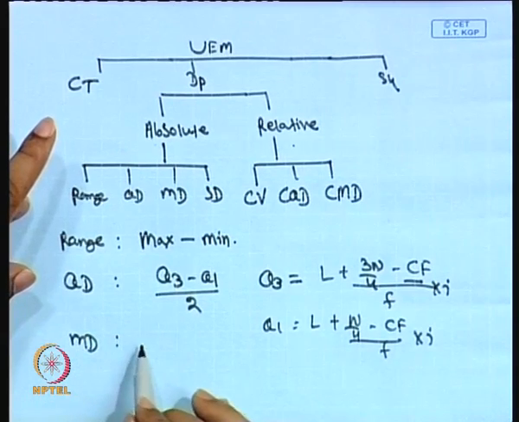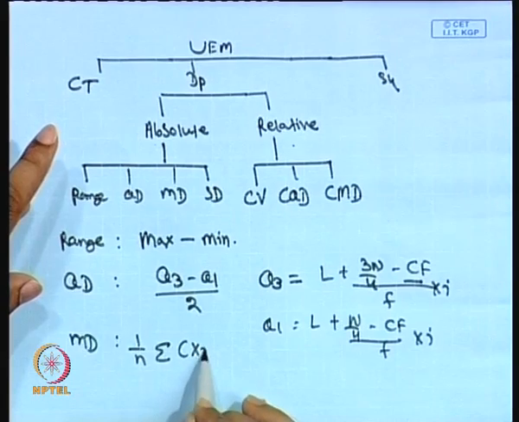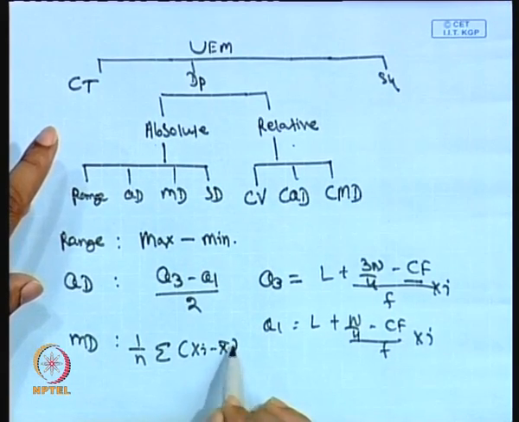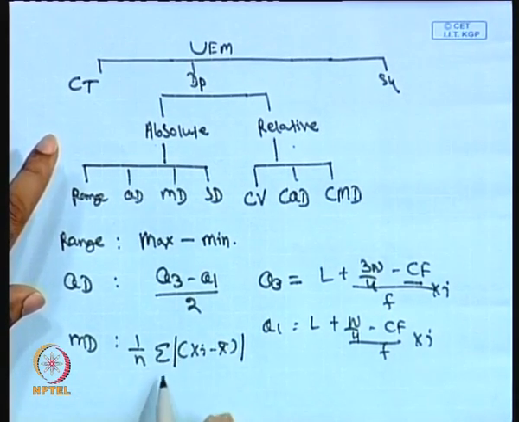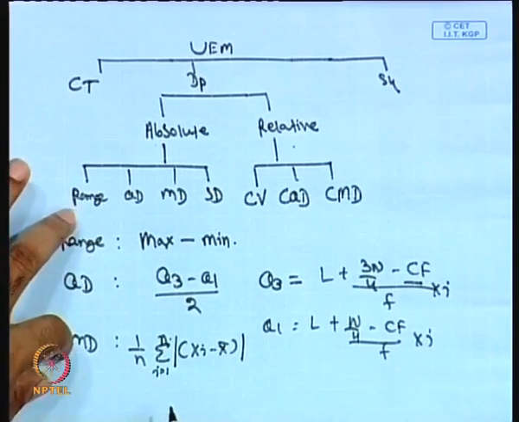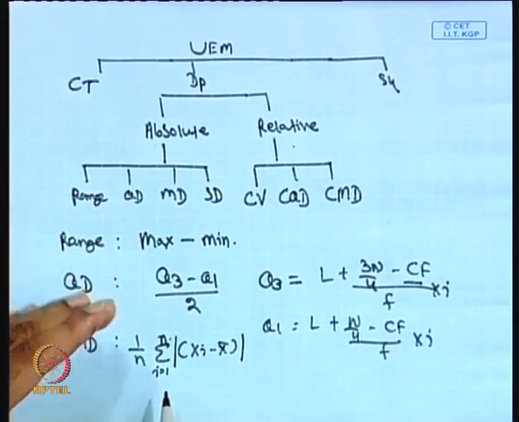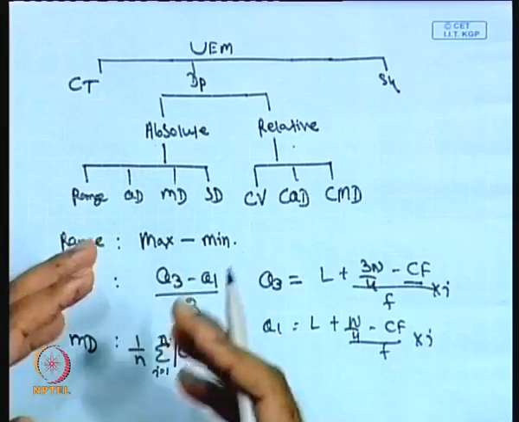Okay. Now come down to mean deviation. Mean deviation is nothing but 1 by n summation of |x_i minus x bar|. It is in deviation format. The speciality of this component is that it ignores the sign, so the moment you take the deviation, the minus component becomes plus.